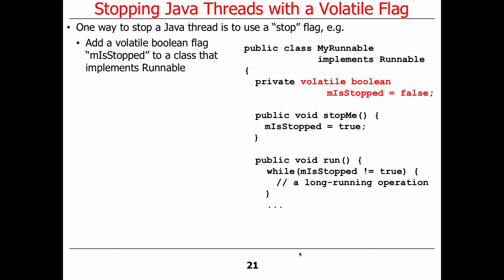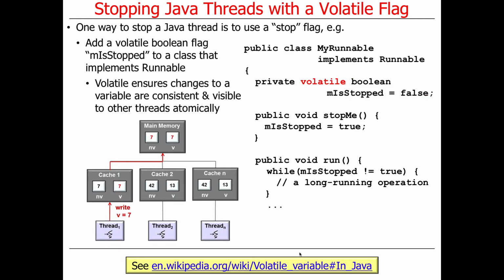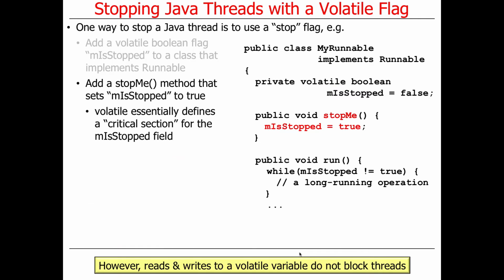Here's what it looks like. We're going to define an mIsStopped field, which is volatile. The reason we use volatile, as we just talked about, is that it makes sure that reads and writes go directly to memory, bypassing the processor cache, so that they're always handled atomically by the memory system. Whenever we want to stop the thread, we're going to call a method called stopMe, which is going to set mIsStopped to true.